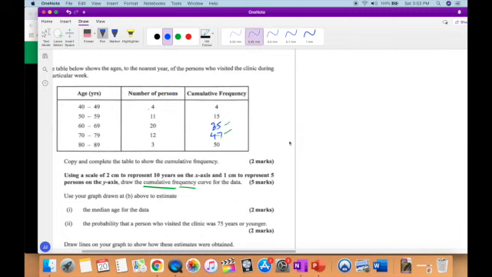If you plot cumulative frequency, a cumulative frequency curve is supposed to look like this. In a frequency plot, the numbers start small, get big, and then get small again. But in this one, the numbers start small and then just get bigger and bigger and bigger.